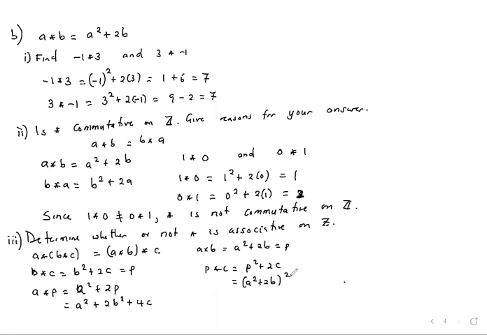So it will be (A squared plus 2B) squared plus 2C. But this is A to the 4 plus 4A squared B plus 4B squared plus 2C. So the two are not equal. Star is not associative.